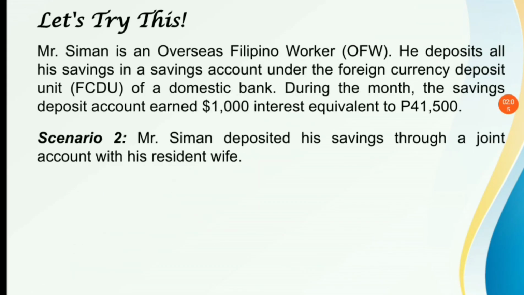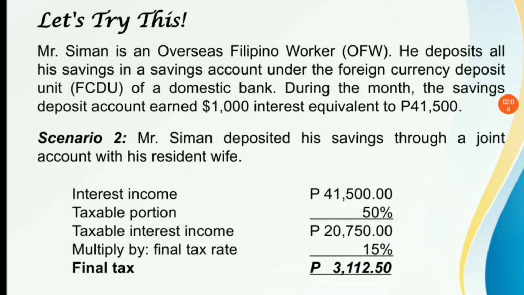It goes like this: the wife's share of the interest income is 20,750 pesos. We multiply that by her final tax rate of 15%. So her final tax is 3,112.50.